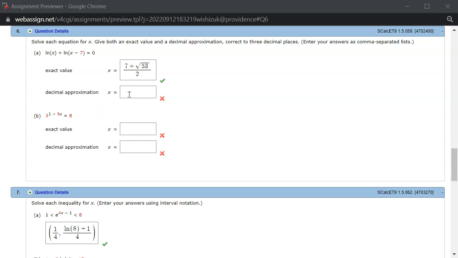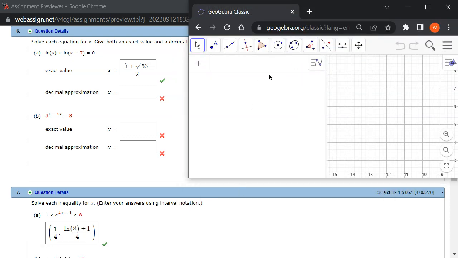Decimal approximation. All you have to do is bring in a calculator or GeoGebra. I'm going to use GeoGebra here. So open up GeoGebra Classic, and then you just type in 7 plus square root of 53, divide by 2, and then hit enter.